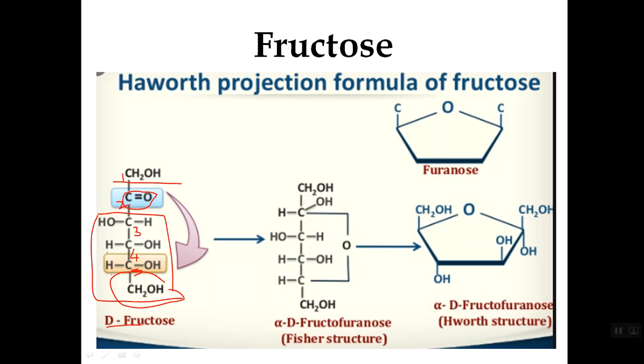It is the Fischer projection of D-fructose because it has the OH at the right side on the lowermost but one carbon atom.